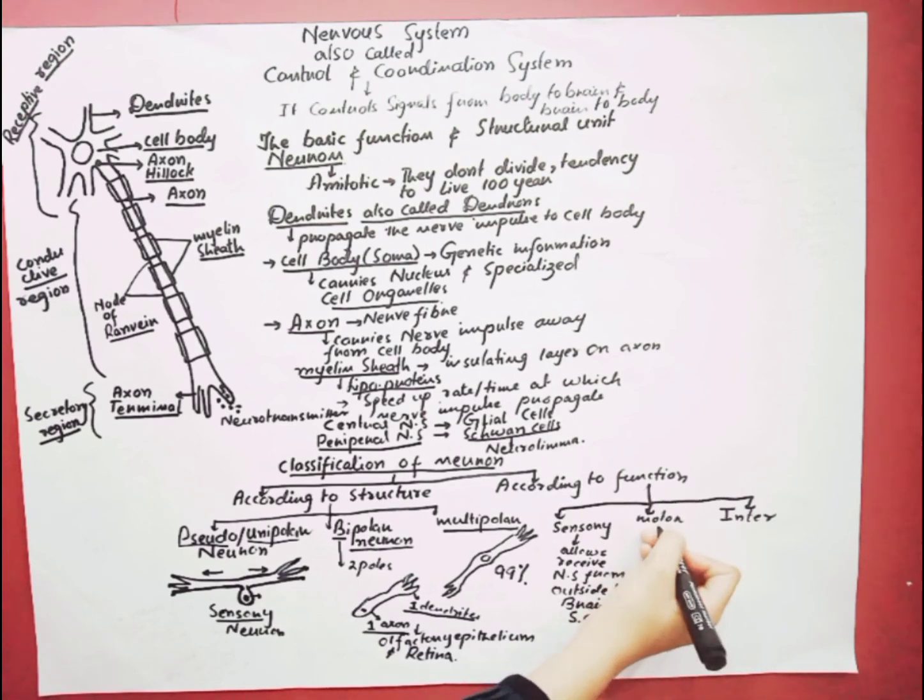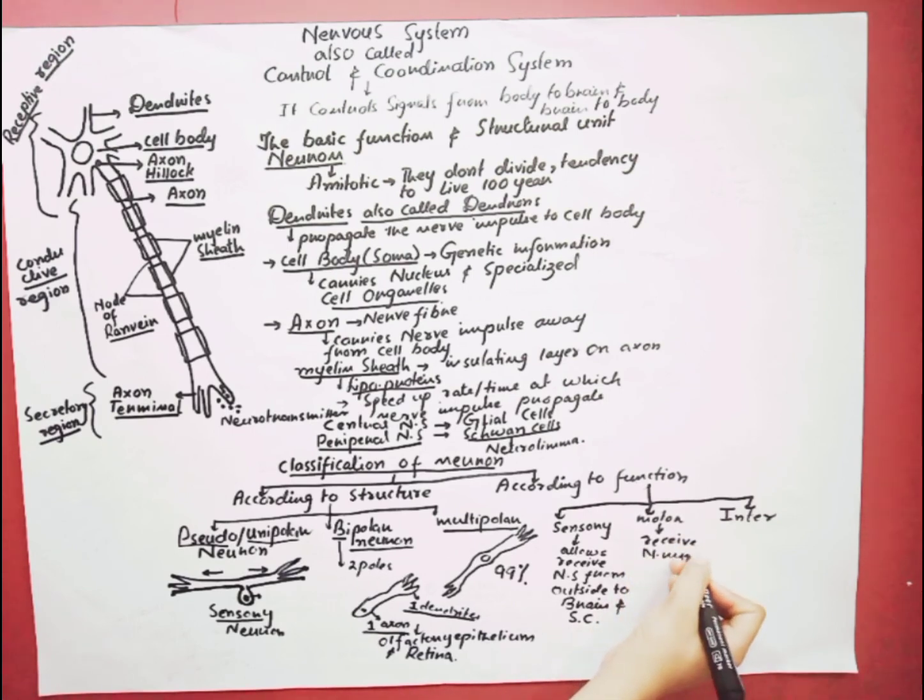While the motor neurons receive nerve impulse from brain and spinal cord and transmit it to other body parts.